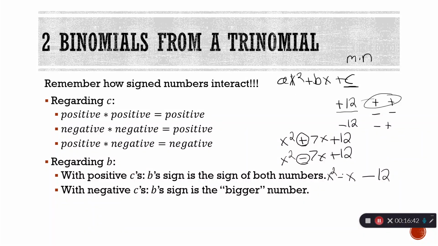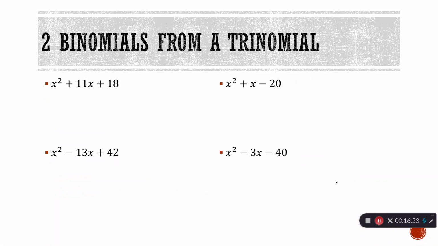B's sign is the sign of the bigger number, because when we have opposite signs and we add, we really subtract. That's how you know which is the bigger one. So let's do this. Don't forget that M and N multiply to get C and they add to get B. So those are the two things.